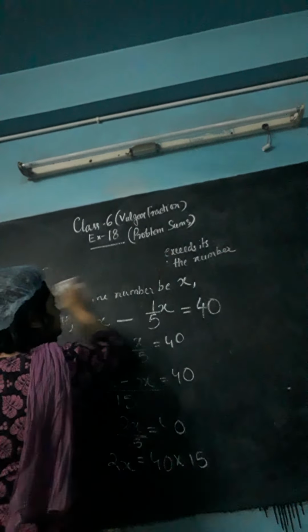Now 2x is equal to 40 into 15, which is 600. Now we need to find x.